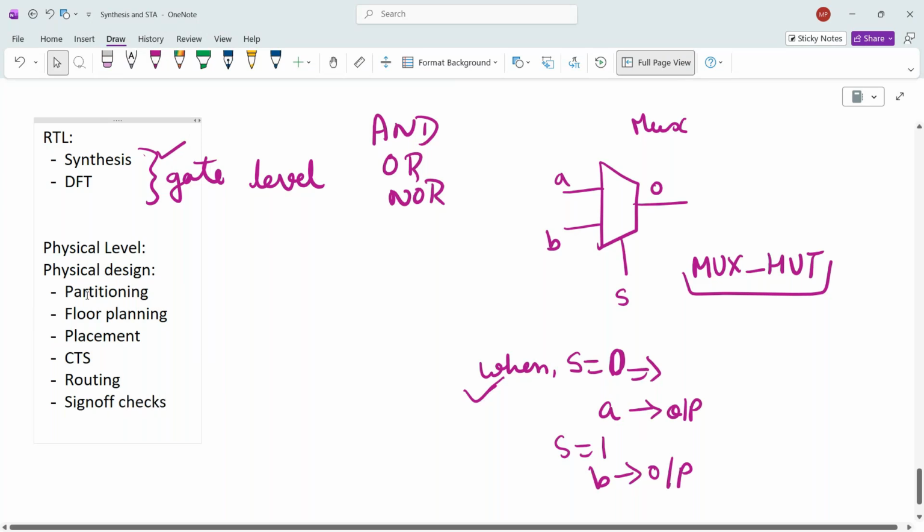Testing, CTS, routing, and sign off checks.